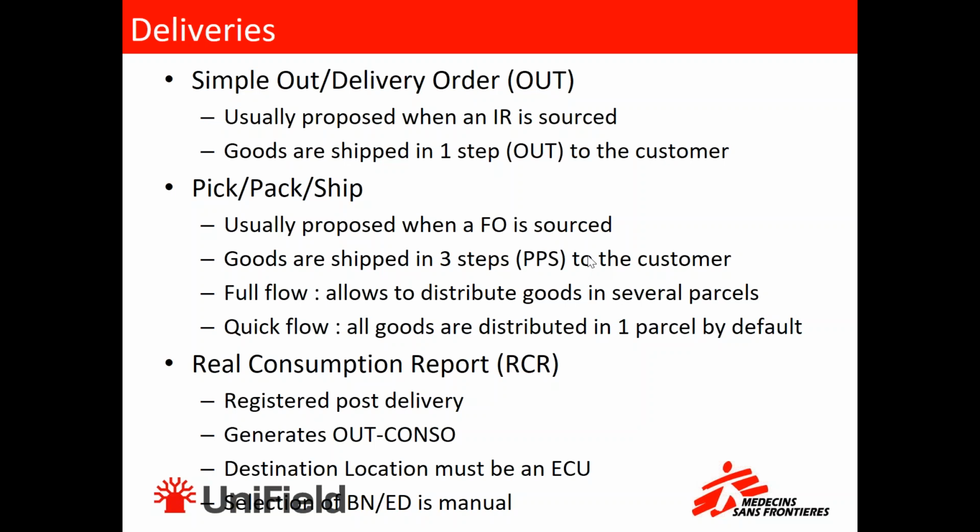So by default, the full flow is proposed. If you want to move to the quick flow, you have to change it yourself. You can always change from one to the other. Even with the full flow, the default is everything in one parcel.